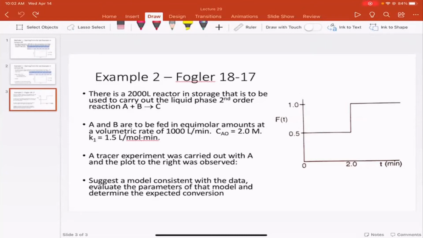Okay? So what I'd like to do is open this up to you guys and think, what do we know about the system based on the figure? What kind of reactor is it? Maybe that's the first place to start.